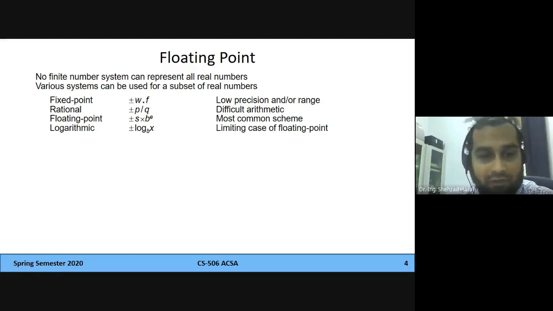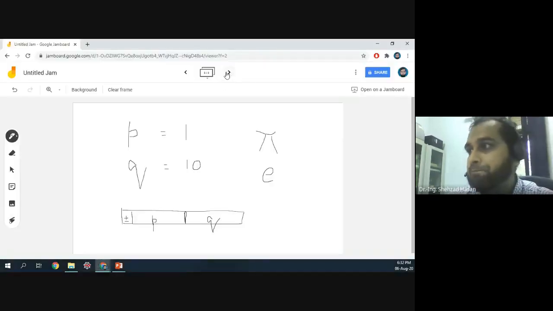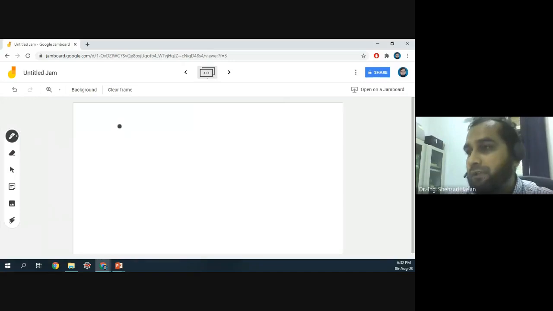So if I give you an example over here, in a logarithmic number system, what we have is two sign bits here.